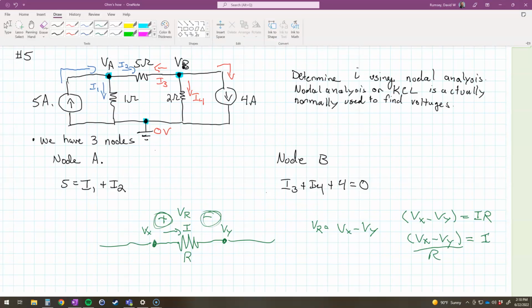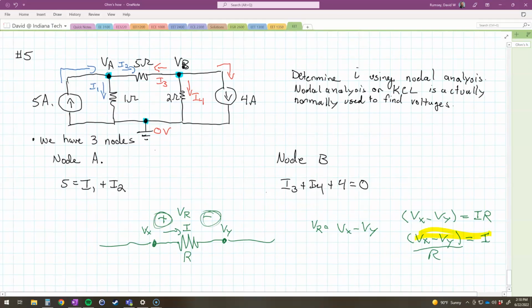The current we can write as the voltage at X minus the voltage at Y divided by the resistance.